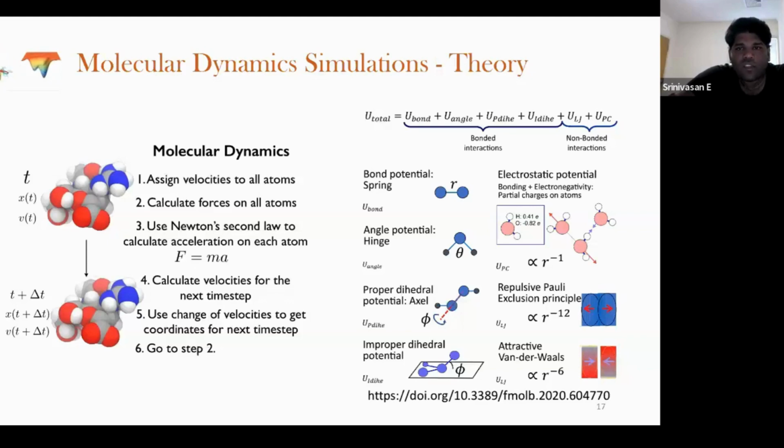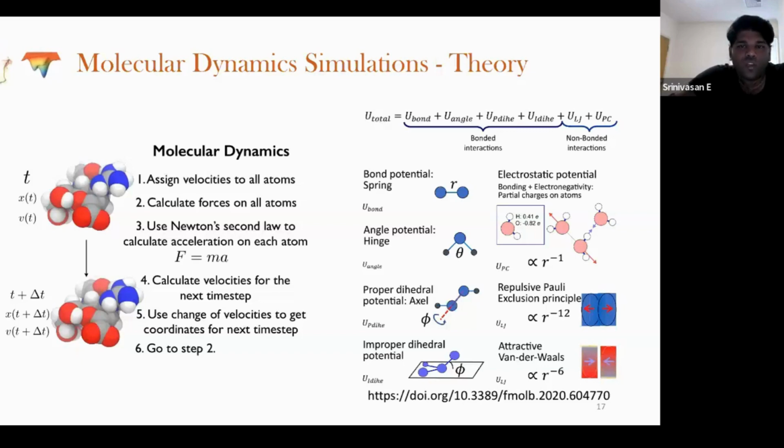The next important feature in molecular dynamics is the force field. What is a force field? A force field is a set of pre-computed potentials that we feed into the algorithm, defining how much the bond angle and the torsion angle are for each and every amino acid.